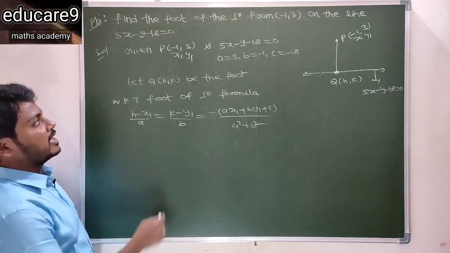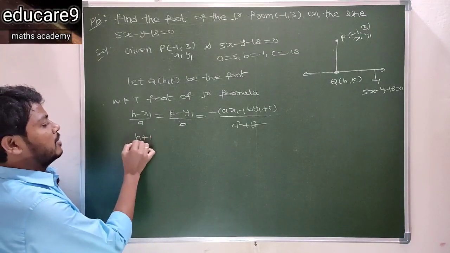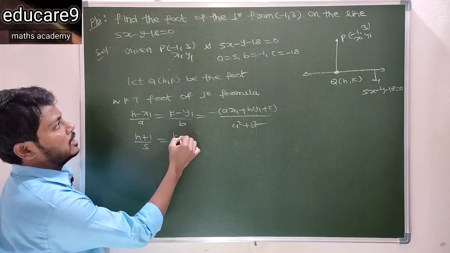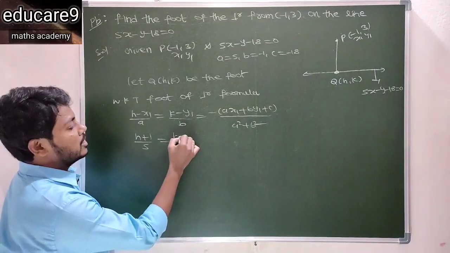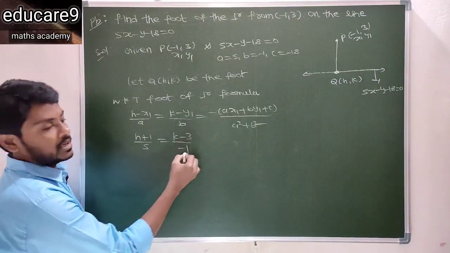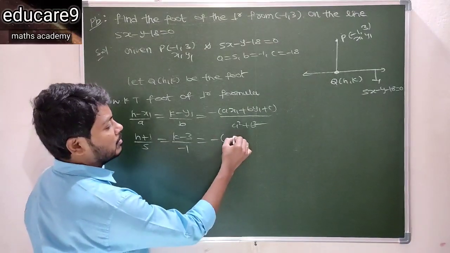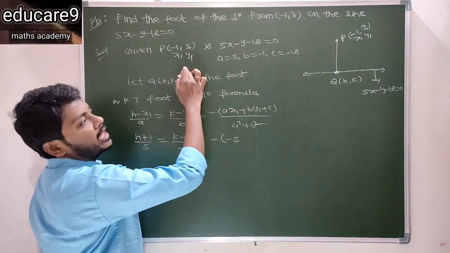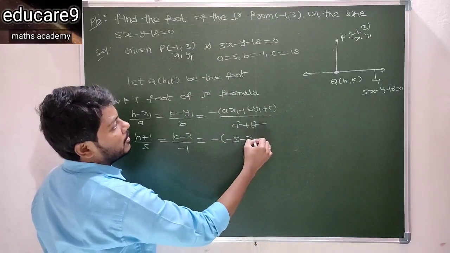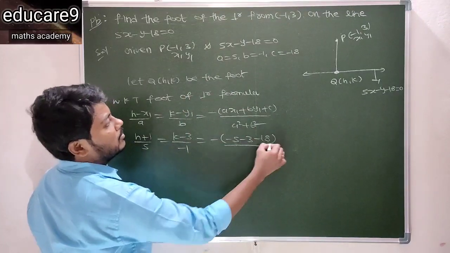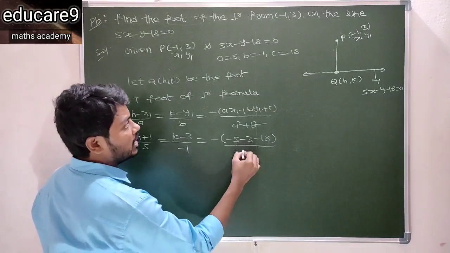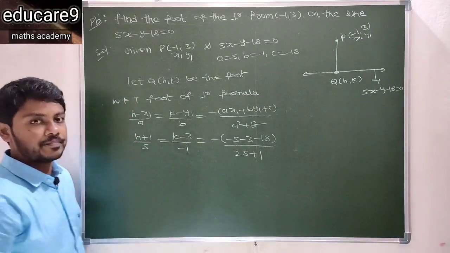Now substitute here. What you get? (h plus 1) by 5, (k minus 3) by minus 1, and minus of (5 into minus 1 minus 1 into 3 minus 18) by (a squared, 25, plus b squared, 1).